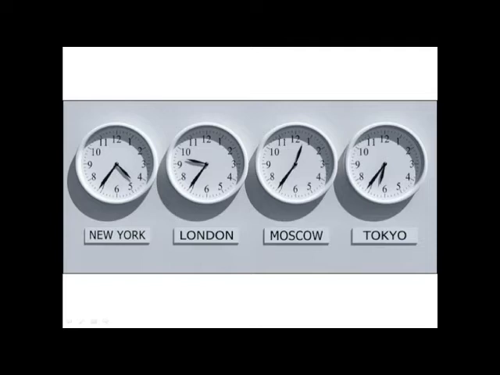In the same way, if we look at Moscow, it is pointing to the time of 12:35. And if I look at the clock of Tokyo, it is pointing to 6:35. So in all these, New York, London, Moscow and Tokyo, these cities are experiencing different times.